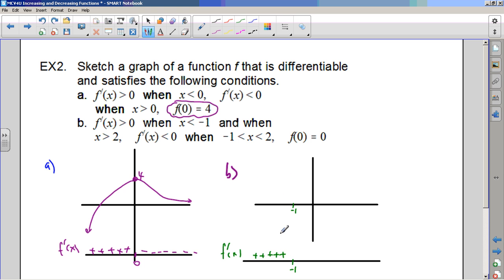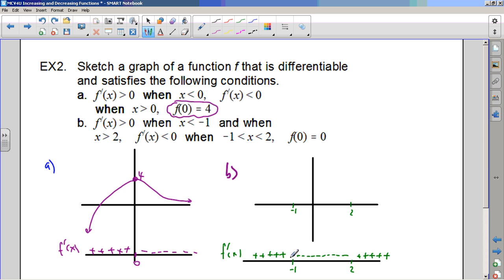And when x is greater than 2, if I go over here to 2, from there over, it's increasing. And f prime of x is less than 0 in between. So between -1 and 2, the derivative is negative.